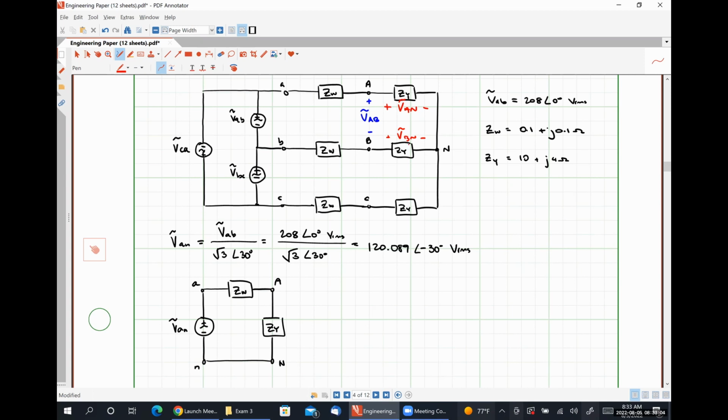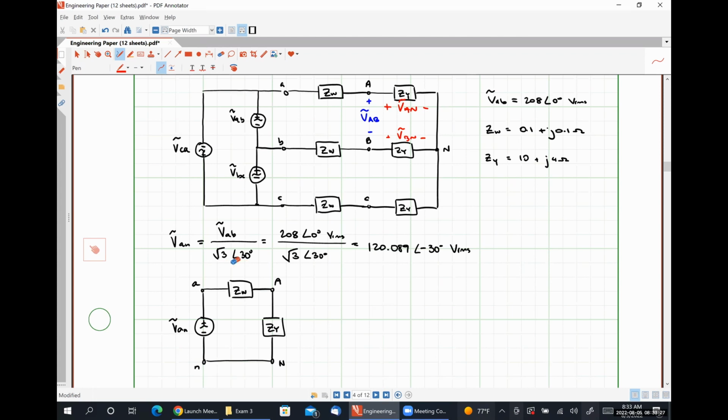And we could just write a Kirchhoff's voltage law loop around this, or effectively we could just use the transformation to go from a Y connected phase voltage to a delta connected phase voltage, which is the exact same transformation that we used right here.